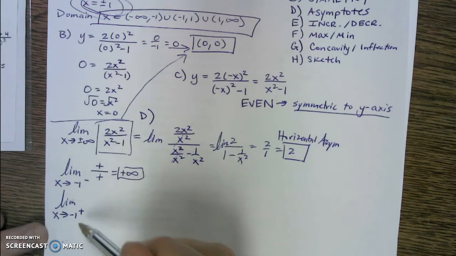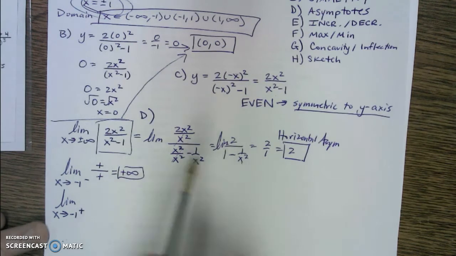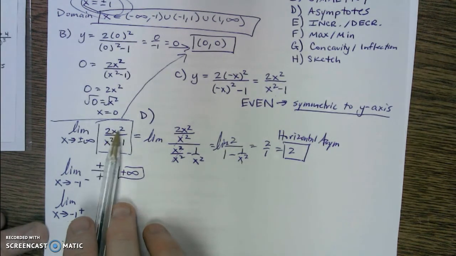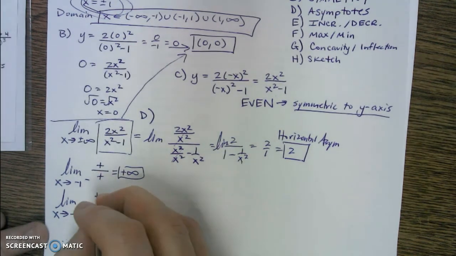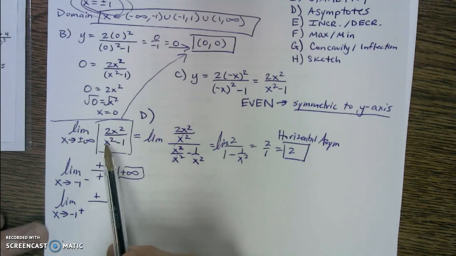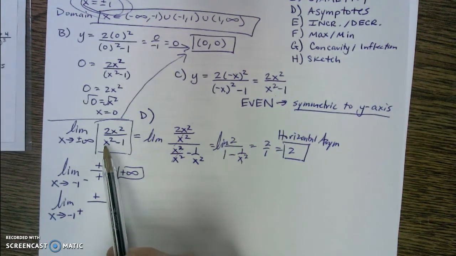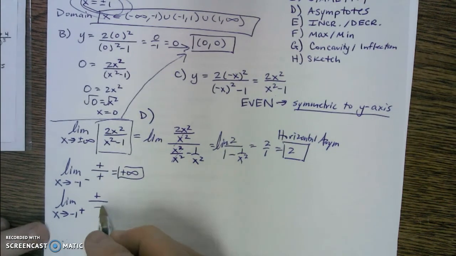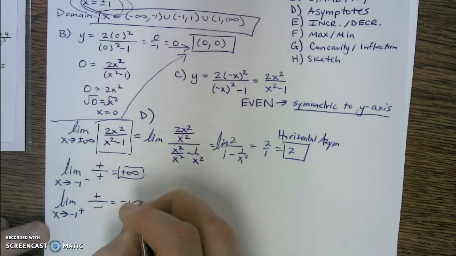It'll give me 0. So let's test something smaller, like negative 1/2. So negative 1/2, that's going to be positive. And then if I plug in negative 1/2 right here, I would get 1/4, and I'd subtract 1 from it, so it's going to be negative. So that's going to give me negative infinity.